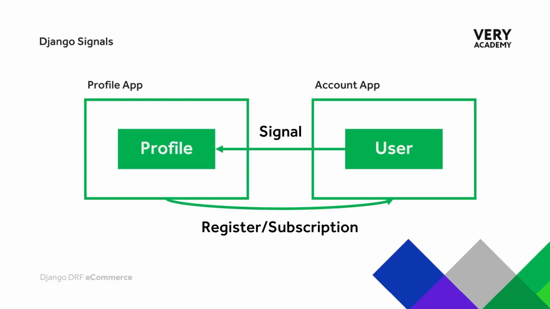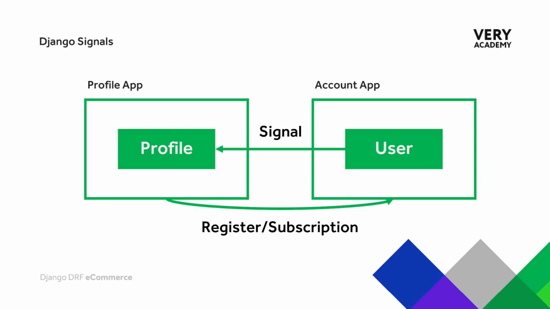Now, let's just put that into the context of what we've been talking about so far. The observer pattern allows us to create a subscription. So here we have the account app again. Let's imagine we have this user model here. Now, we've created a new profile app, and we have a profile model here, a profile table.